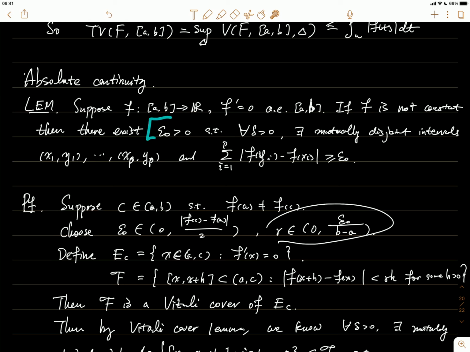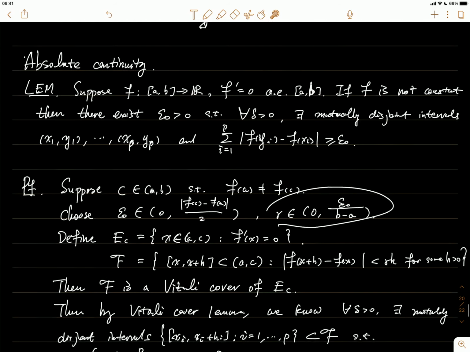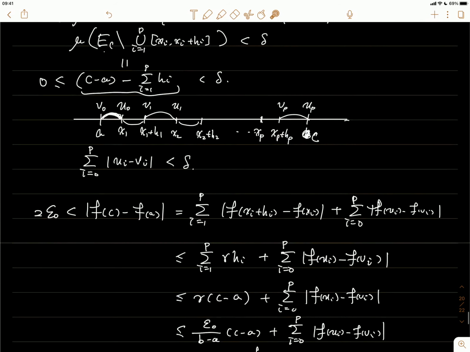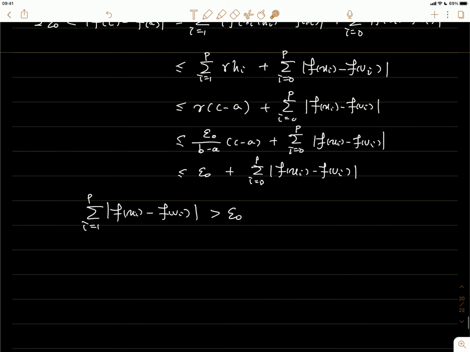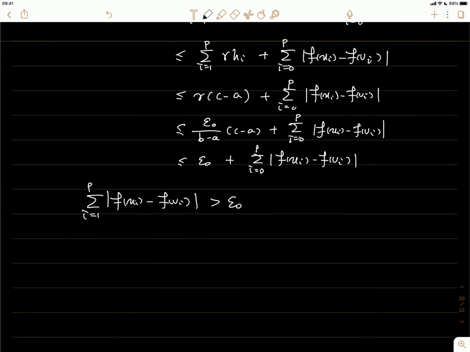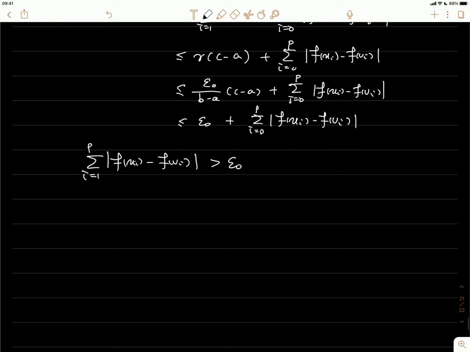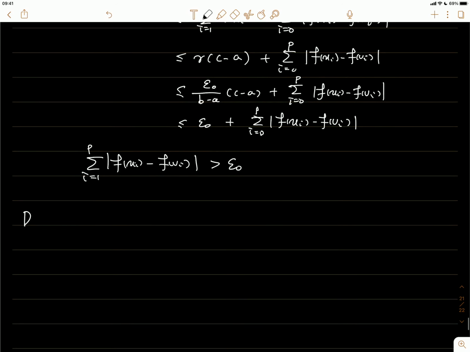Okay, so this is where the complication could come from. And to eliminate such an issue, we can define a stronger condition called absolute continuity, and this will prevent that from happening. The definition is just to try to counter that weird situation.